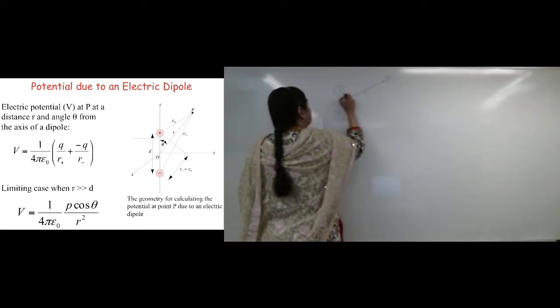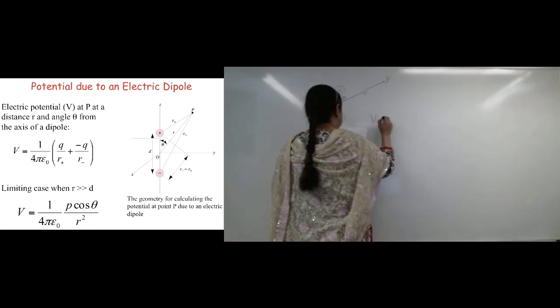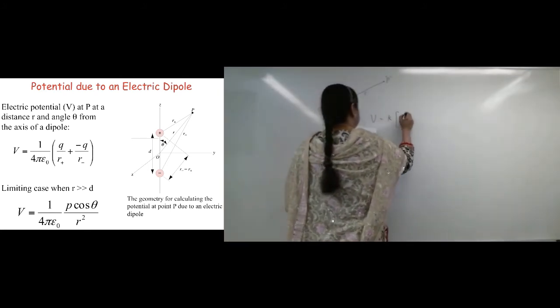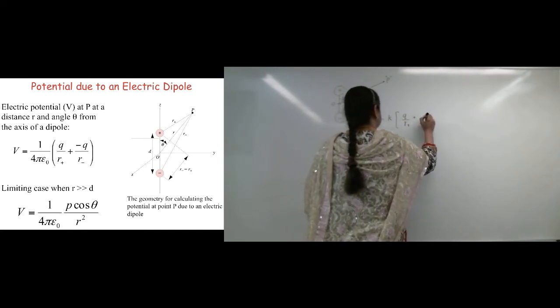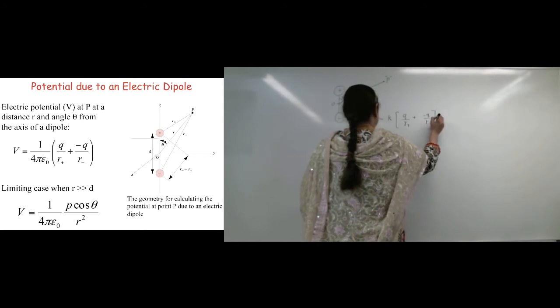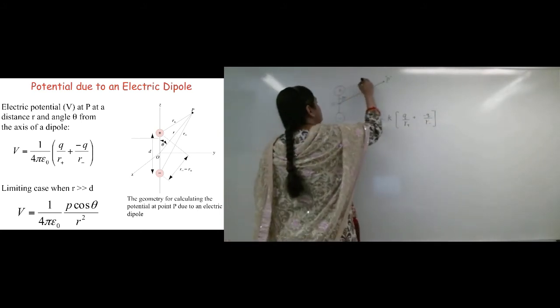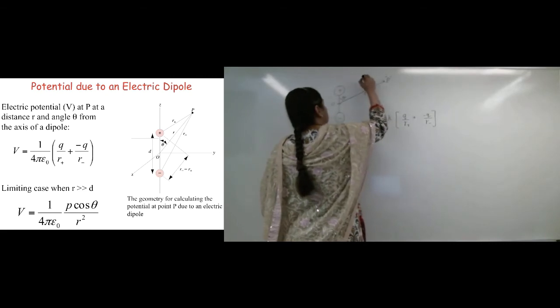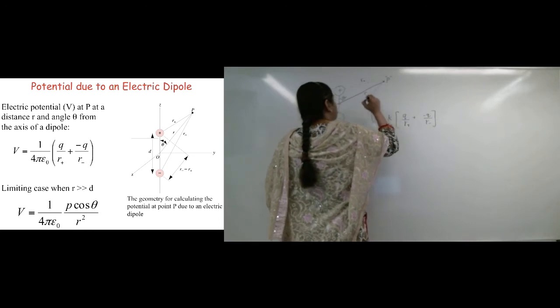And this angle we're going to call theta, okay? So then the potential is going to be given by k q over r plus minus q over r minus. Good? What does that mean? That means this distance is r plus and this distance is r minus.